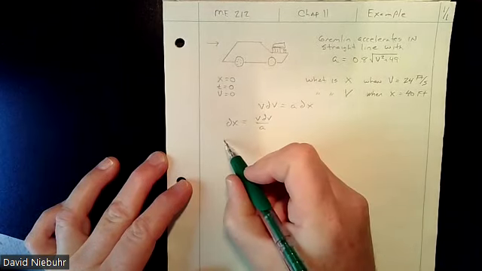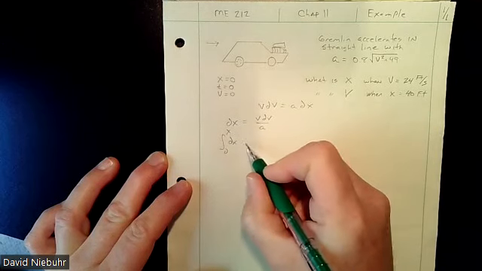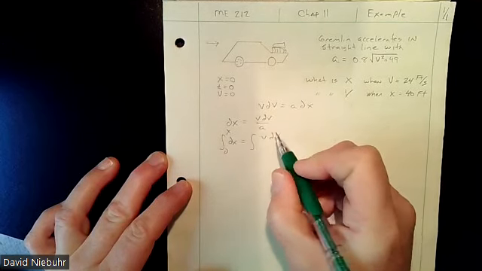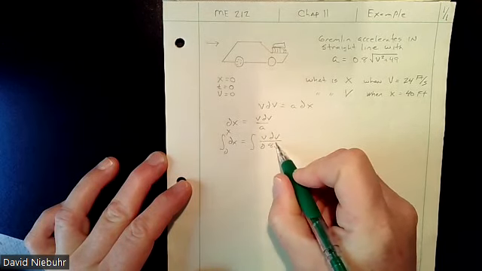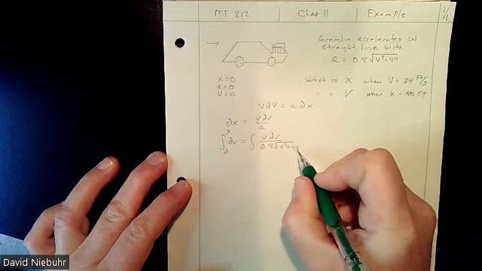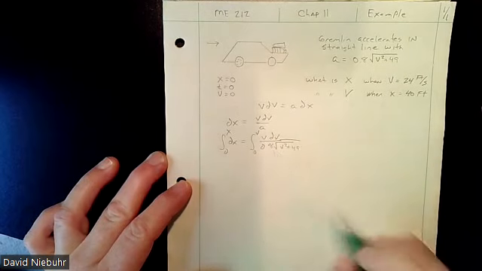Now separating variables, I have dx from 0 to x equal to the integral of v dv over 0.8 times the square root of v squared plus 49, from 0 to v.